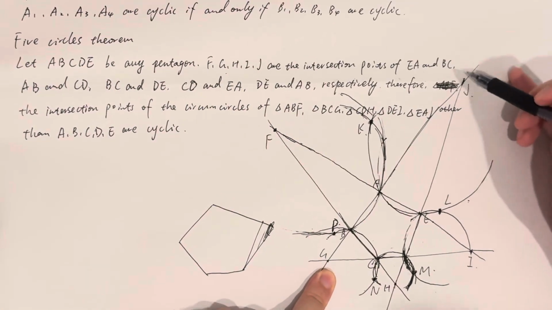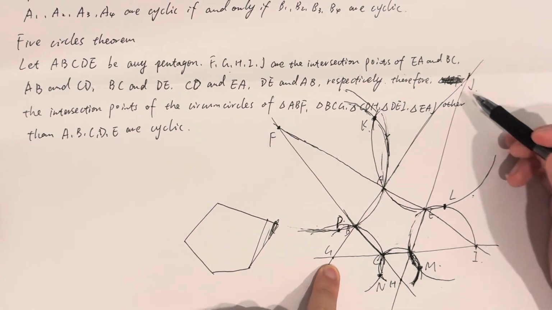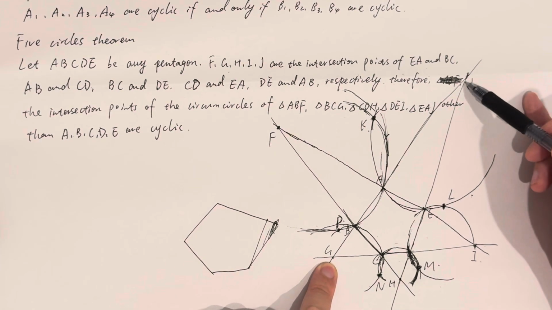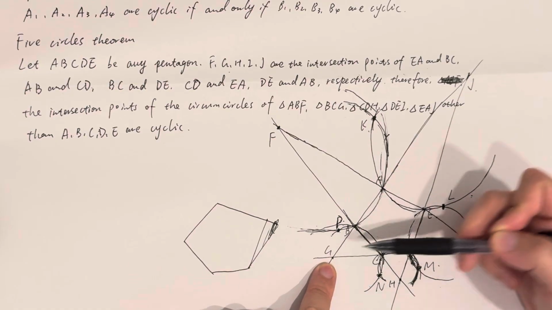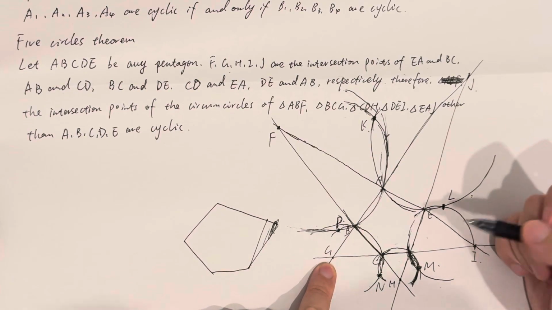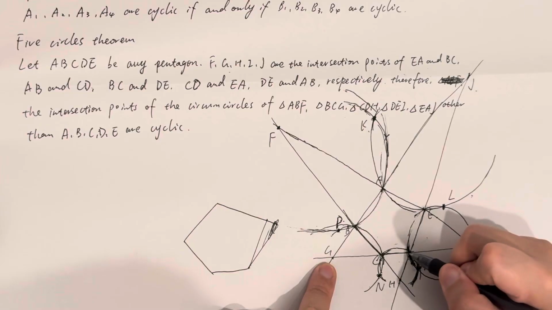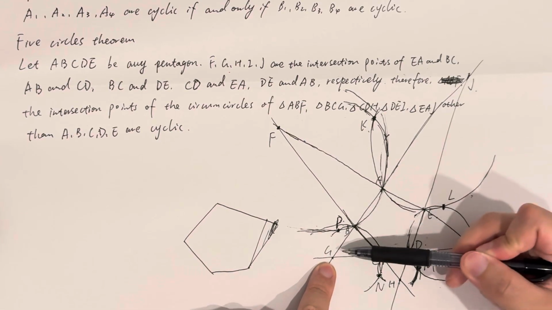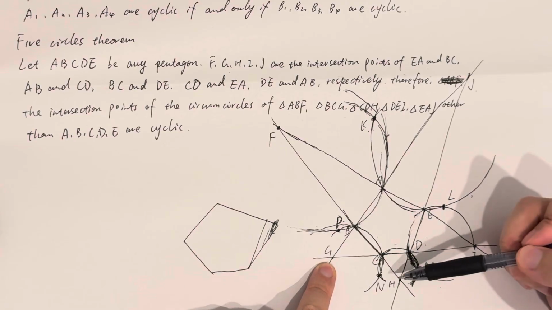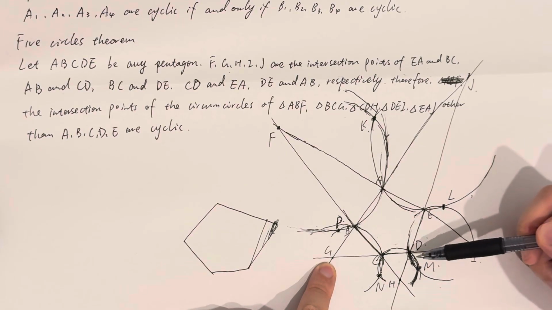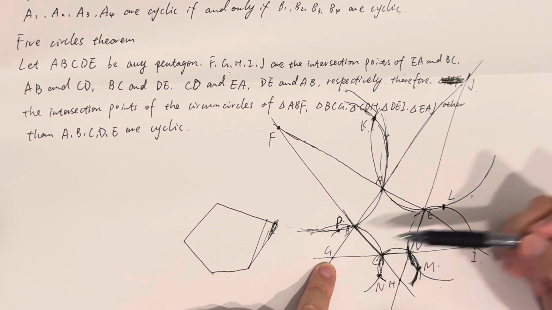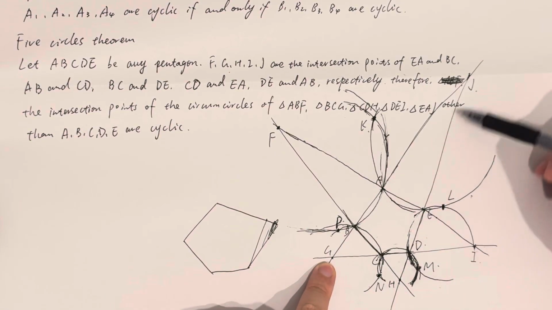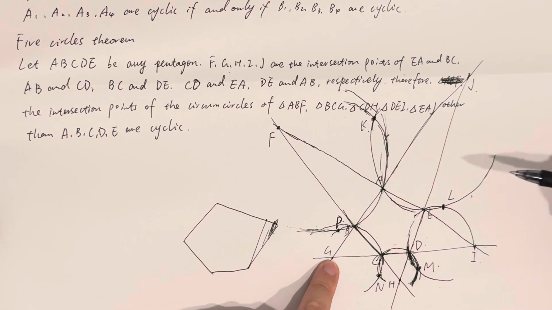If you look at J, A, G, and this point is D, right? J, A, G, D, I, E. This is a complete quadrilateral.